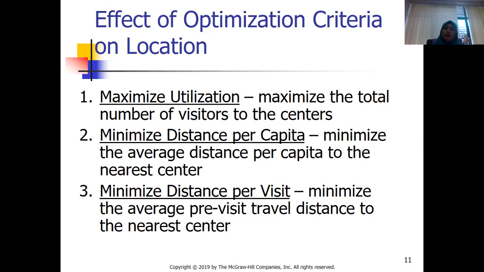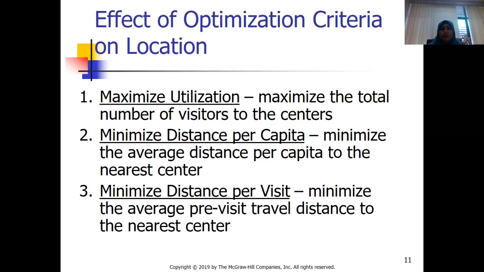Remember that we had in the previous class how this will impact from one location to another location, meaning the customer location to your facility or to your center. If it is nearby to the customer, the customer will definitely choose your service organization or your company. And then minimizing distance per visit, minimize the average per-visit travel distance to the nearest center.